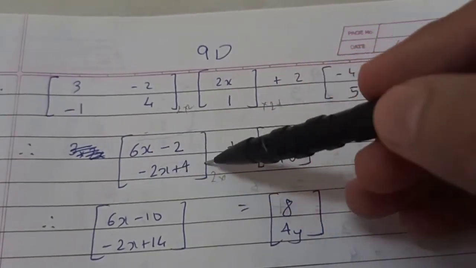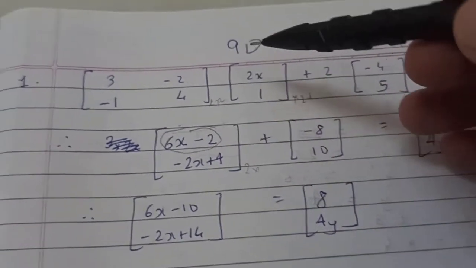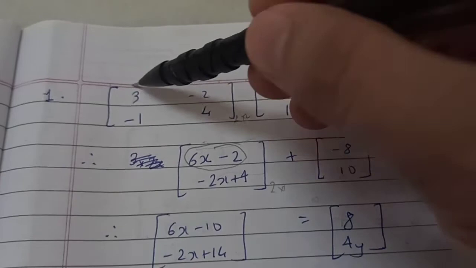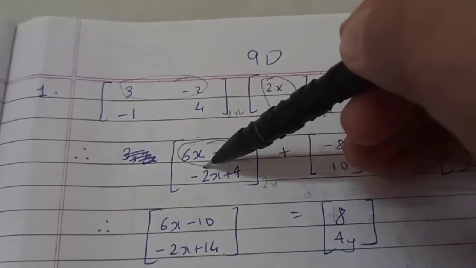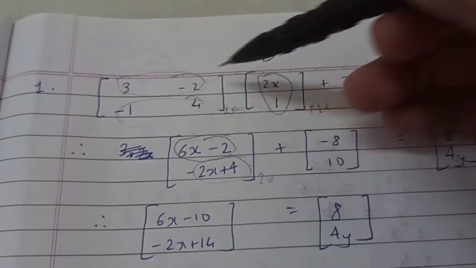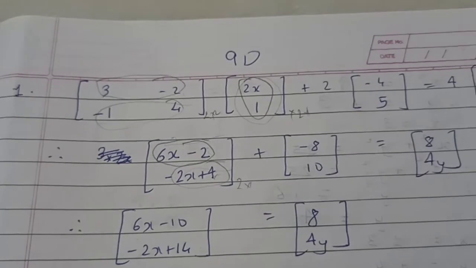That means 2 rows and 1 column. So 2 elements are there. The first element is first row into first column, and the second element is the second row into the first column. So on multiplication we get these 2 elements.